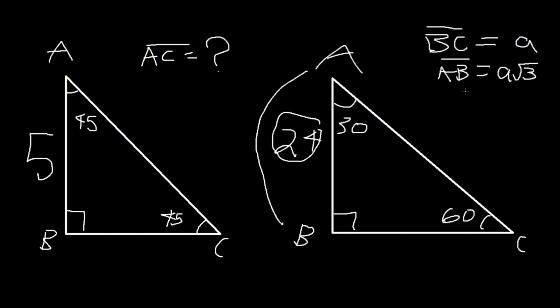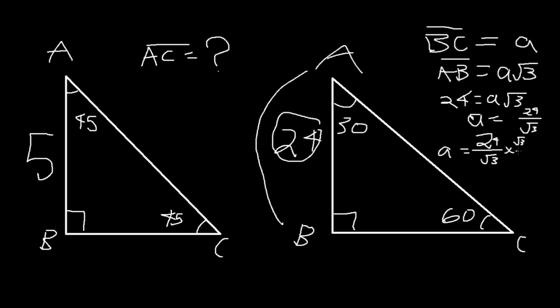Now, let's find what our a value is first. Let's plug in: AB is equal to a radical 3. Isolate our a value, and we'll get 24 over radical 3. However, this is not the answer, as we must rationalize. A radical must not be in the denominator. To fix this, we'll do 24 over radical 3 times radical 3 over radical 3.